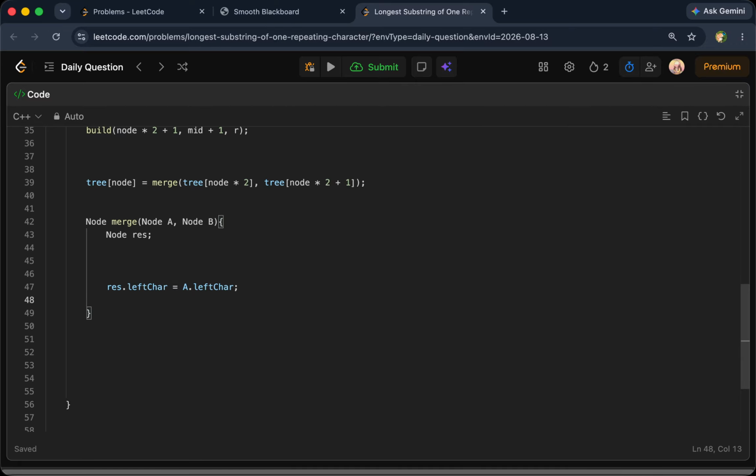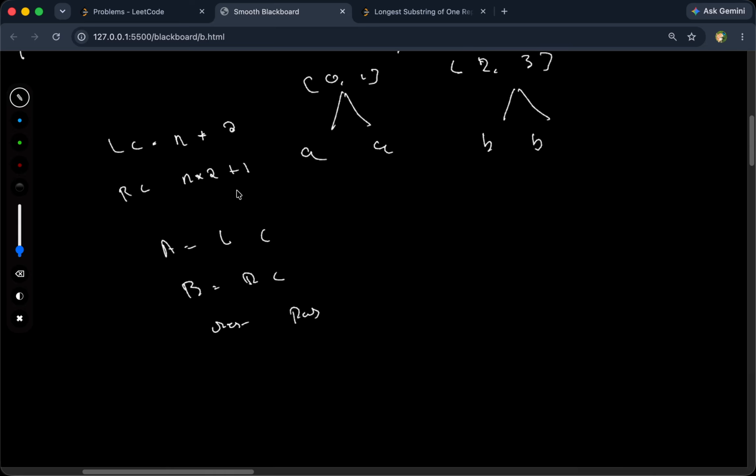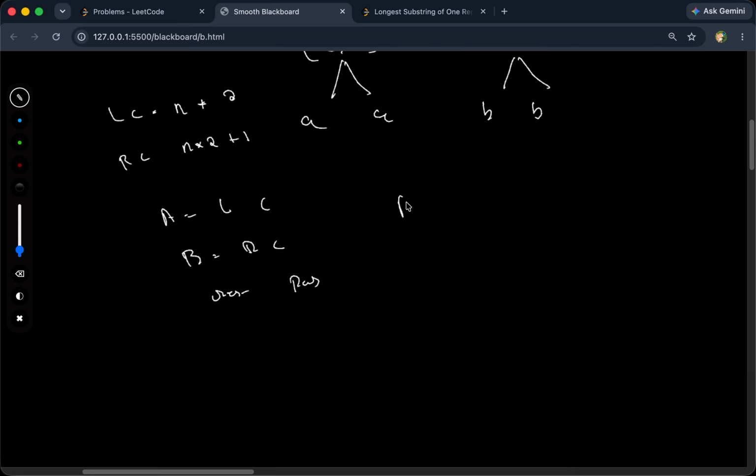Okay, see, for example, a is equal to a, b is equal to b, a dot left character is a, so therefore res dot left character is a. The first character of the parent is the first character of the left child.